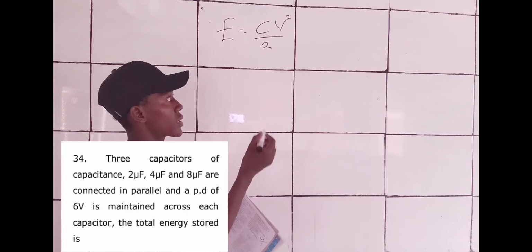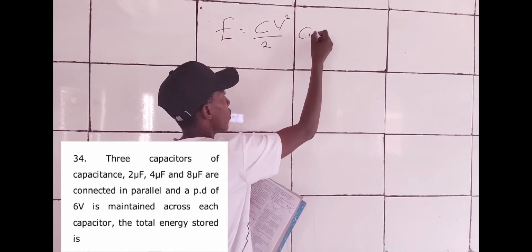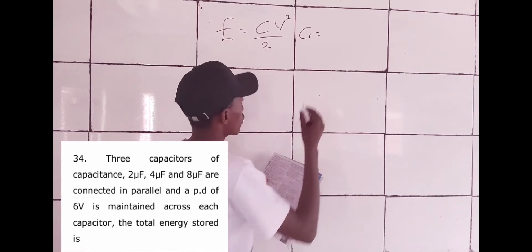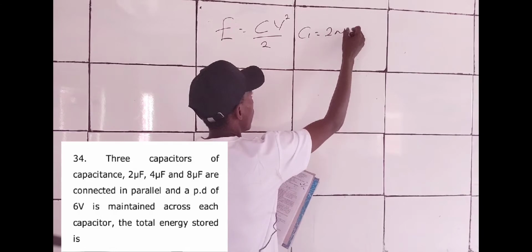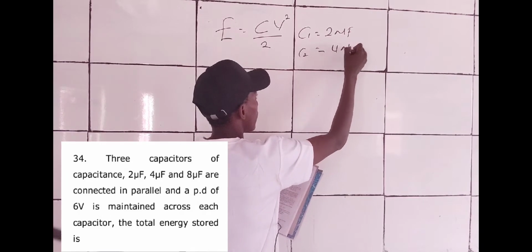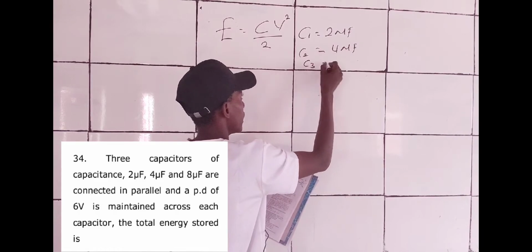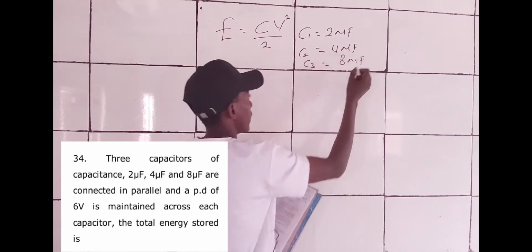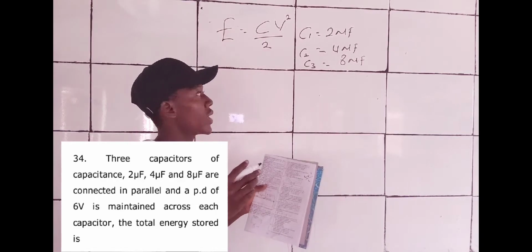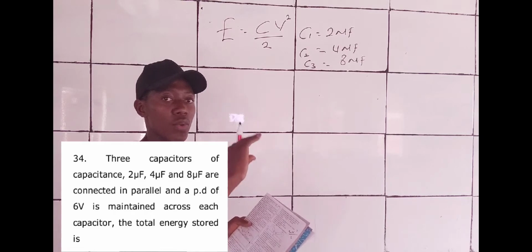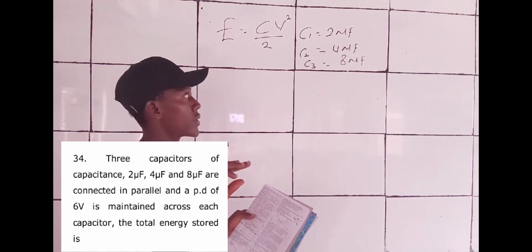We're going to take these data out. We have C1, the first capacitor, is 2 microfarad, C2 is 4 microfarad, and C3 is 8 microfarad. Now the total capacitance of capacitors connected in parallel is simply the sum of the capacitances.